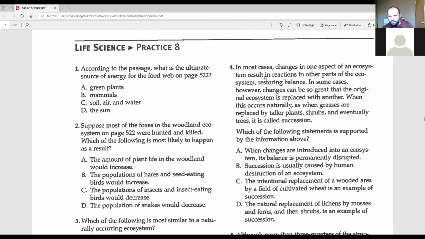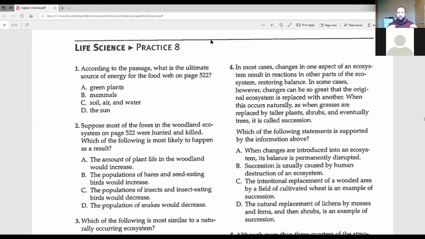All right, so here's number 4. Number 4 says, in most cases, changes in one aspect of an ecosystem result in reactions in other parts of the ecosystem, restoring balance. So kind of like what we talked about with the fox. If you were to remove the fox from the ecosystem, then that increases the amount of rabbits and birds there are, and that impacts maybe the amount of grasses that are being eaten, so on and so forth, right?